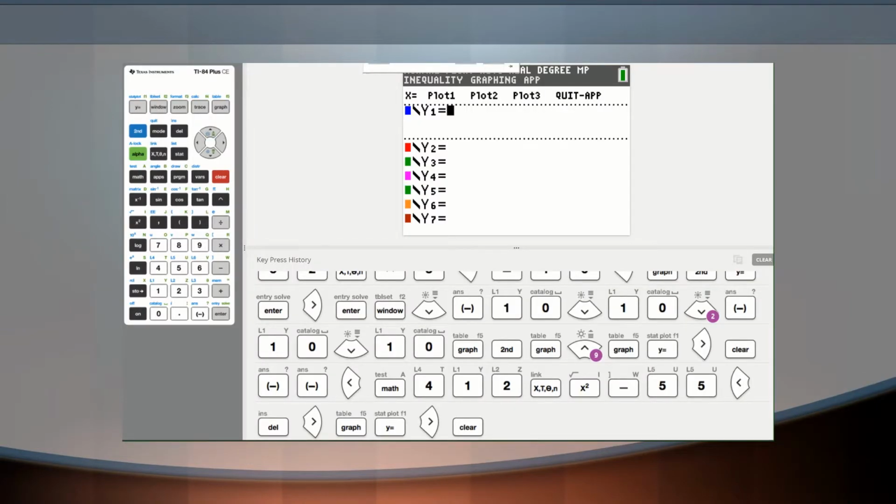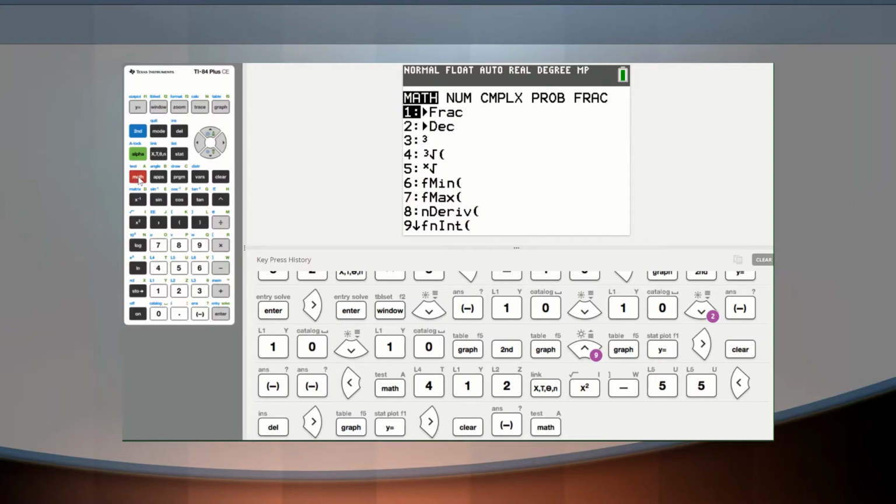All right, here we are at the calculator. Let's graph this thing. So it was negative cube root. Now, to get to a cube root or something other than a square root, just a reminder, you hit the math button, and here at option 4 I've got a cube root, and option 5 gives me any other type of root.